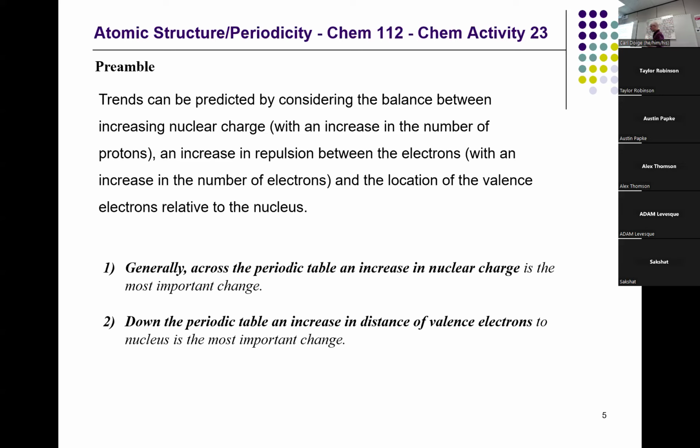So one of the things that I tried to establish in yesterday's class was that there are properties for these elements that are periodic. Just like any sort of periodicity, like the fact that we have lunar periodicity on the planet, the moon keeps coming around sort of thing. We have periodicity in the periodic table.